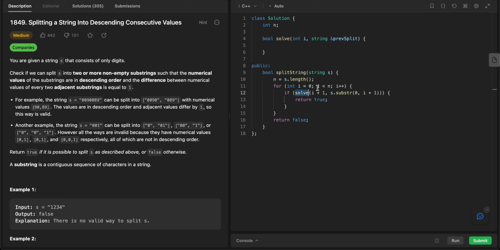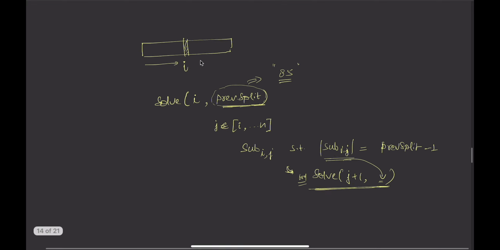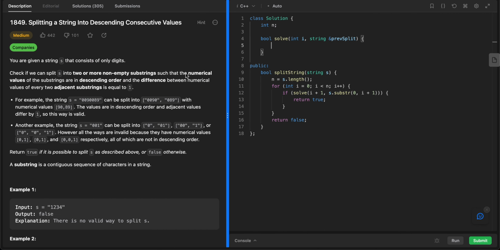Okay, now let's solve from i plus 1, since 0 to i has been taken as one split. So this is i and this is my previous split, this part. So from i, let's take every character one by one and try from there.